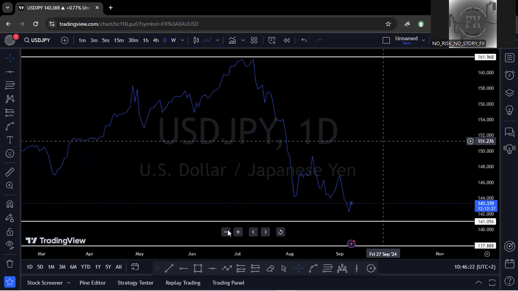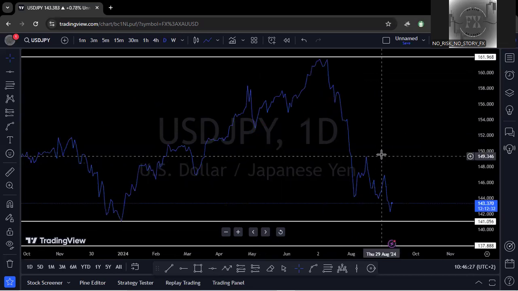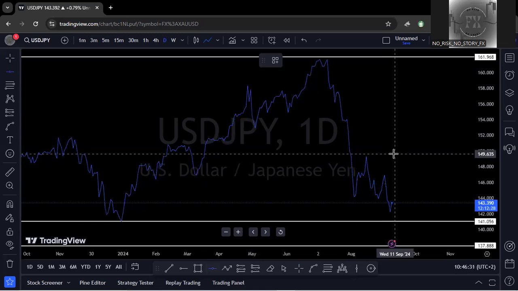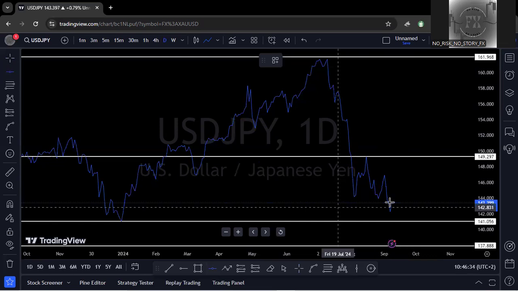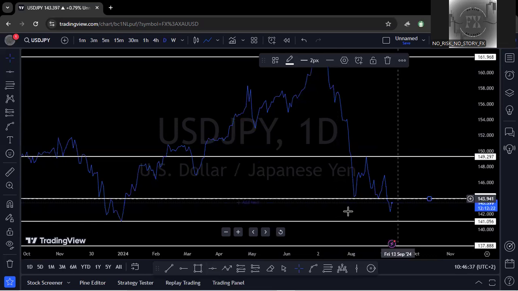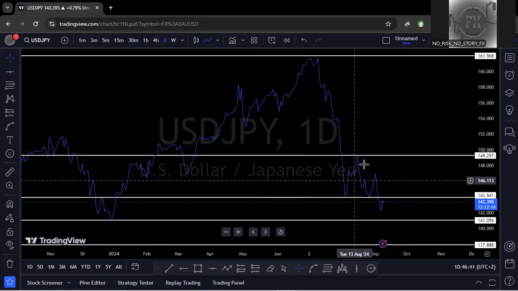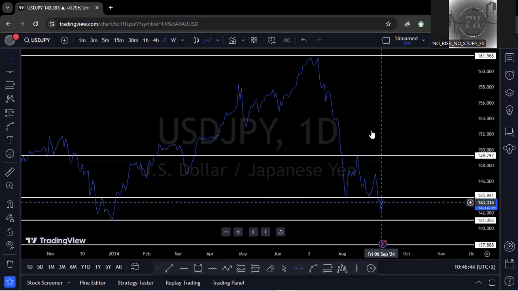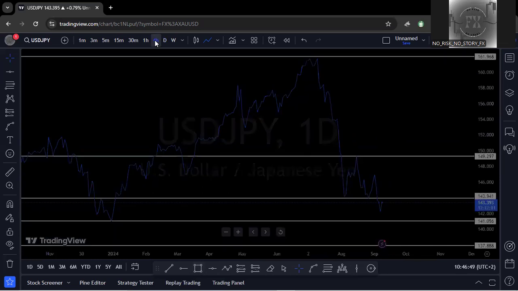And now I would like to cater for this zone, and this zone right here, because these seem to be the most important zones, the recent ones. So I like to go to my 4 hour time frame.